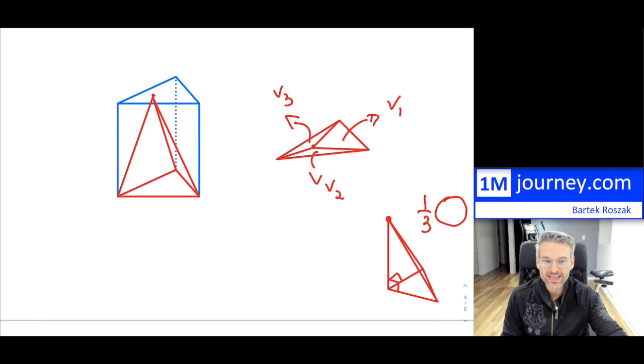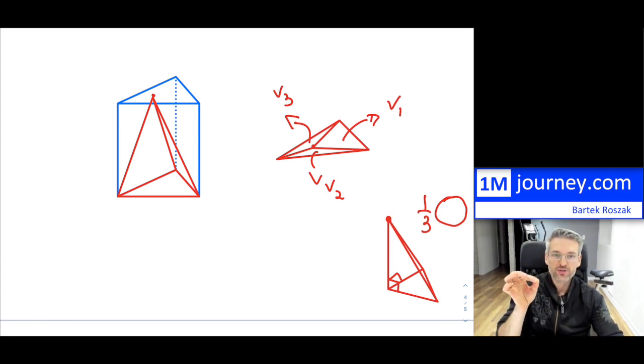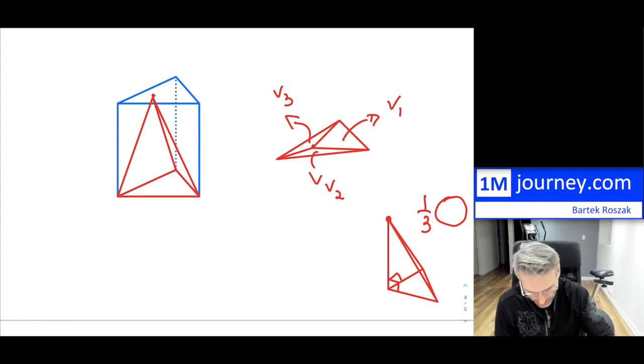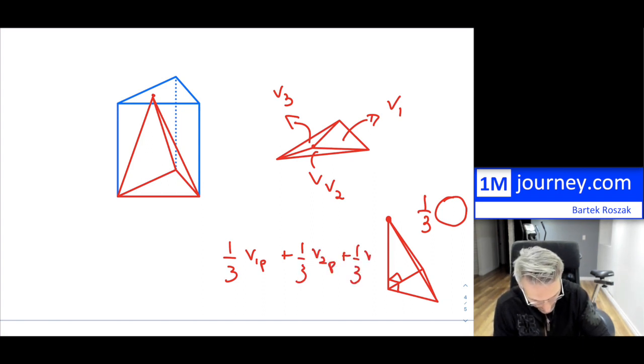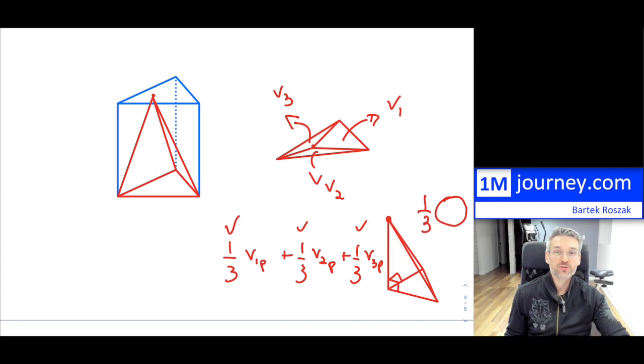If you add them together, you get 1/3 of the first prism volume, plus 1/3 of the volume of prism 2, and then 1/3 of the volume of prism 3. And of course you have a third everywhere. So there is nothing else that you need to show.